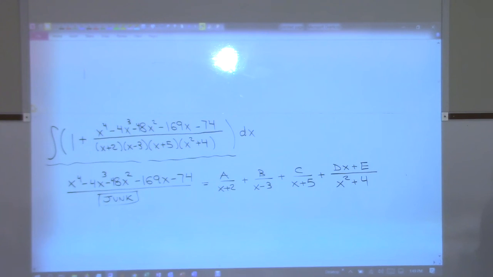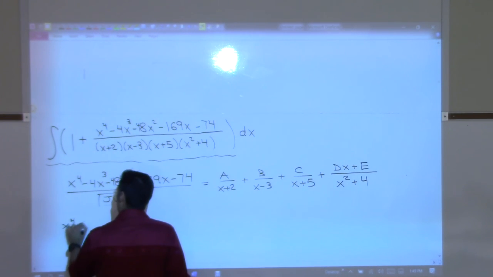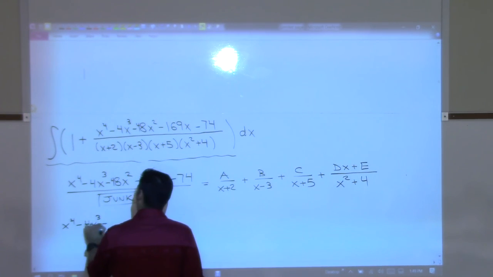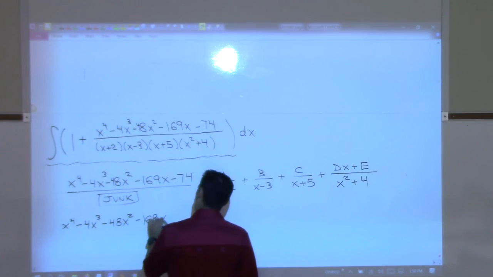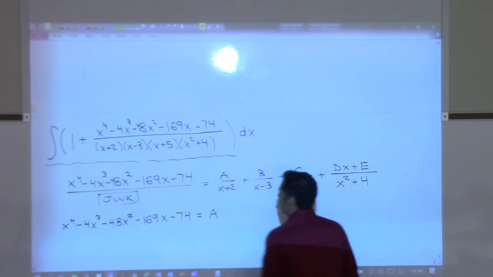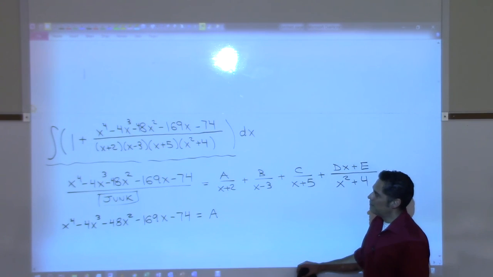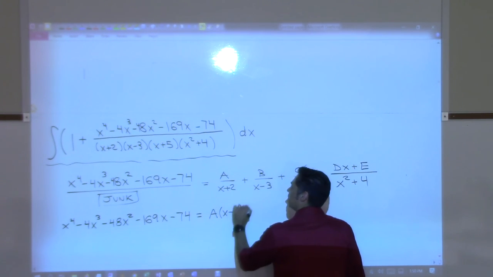Clear the denominators, right? So multiply both sides by the junk. The left side is going to be x to the fourth minus 4x cubed minus 48x squared minus 169x minus 74, which must equal A, and then what's going to be next to the A? Everything else.